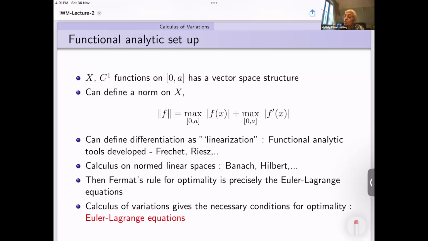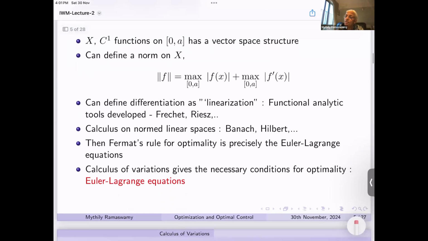And so in this case, we can again write down Fermat's rule for optimization. What is Fermat's basic rule? The derivative should vanish. So that will be the basic Euler-Lagrange equation. So calculus of variations gives the necessary conditions for optimality, the Euler-Lagrange equations. So this is the preamble about this.